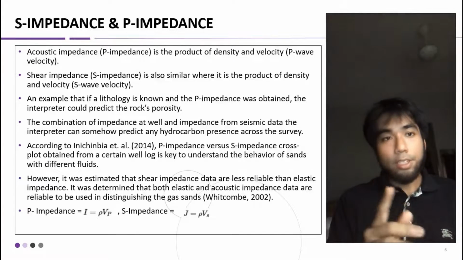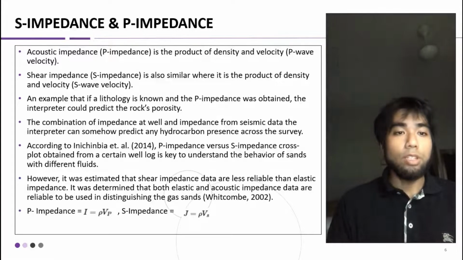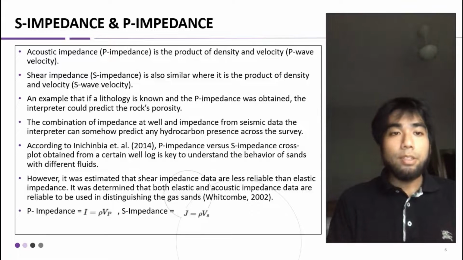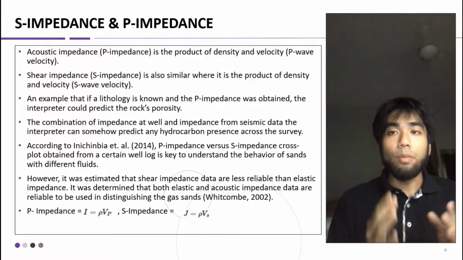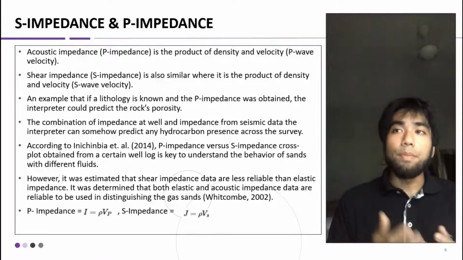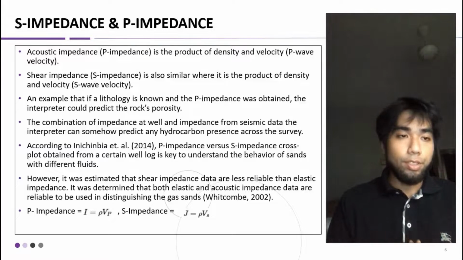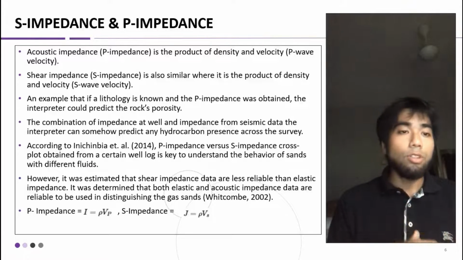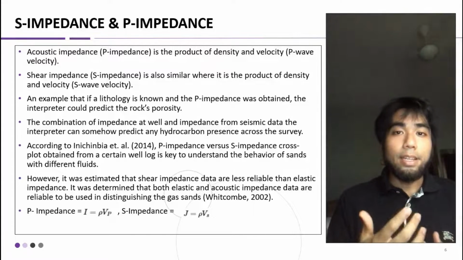According to research by Ihenyen 2014, the P impedance versus S impedance cross plot obtained from a certain well is key to understanding the behavior of sands with different fluids. However, it was estimated that shear impedance data are less reliable than elastic impedance.